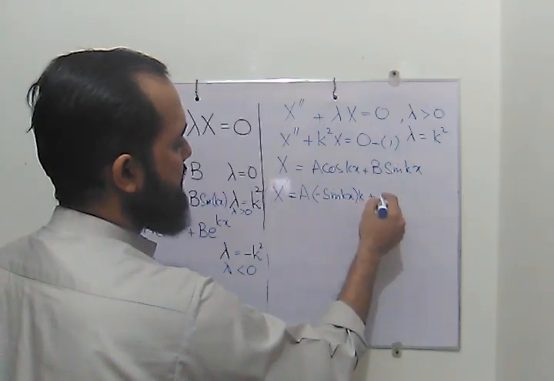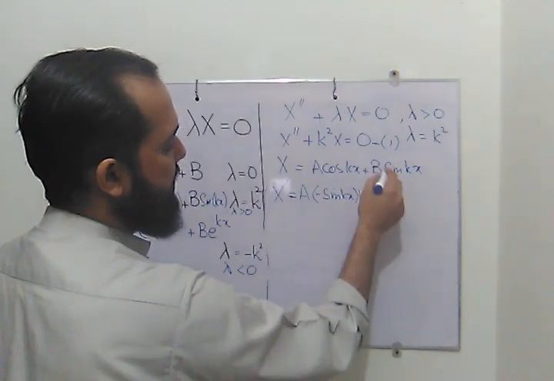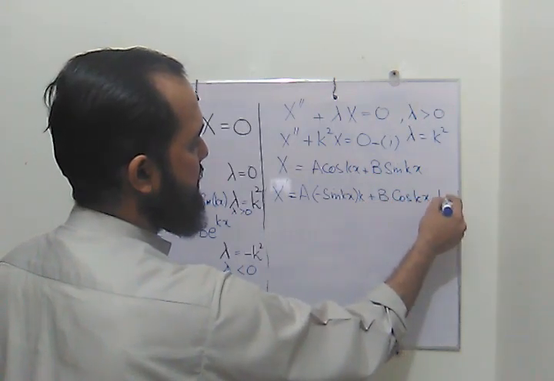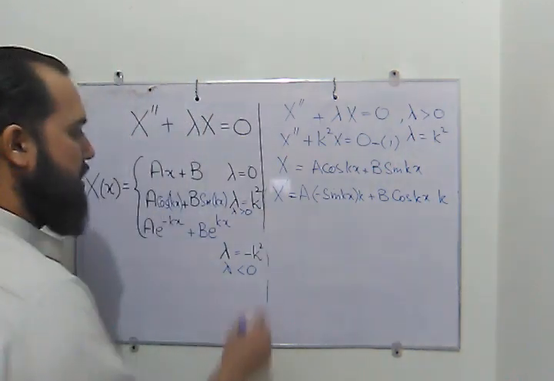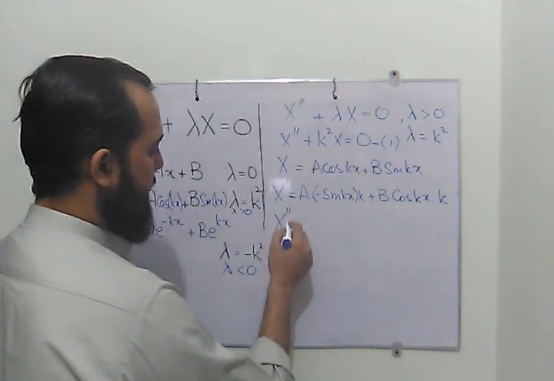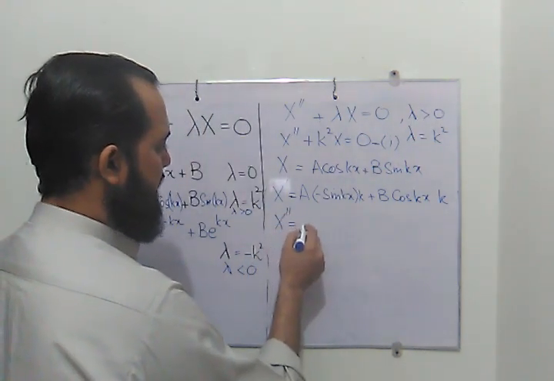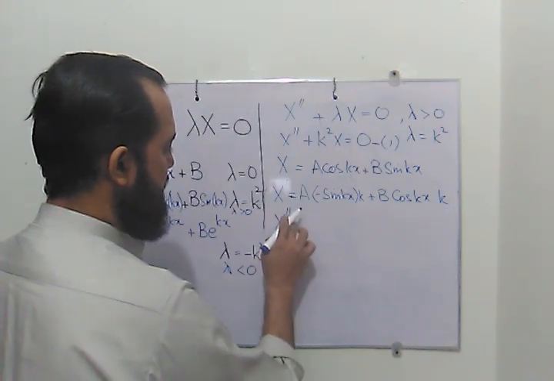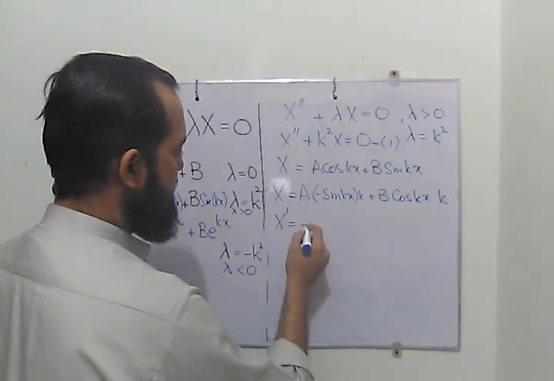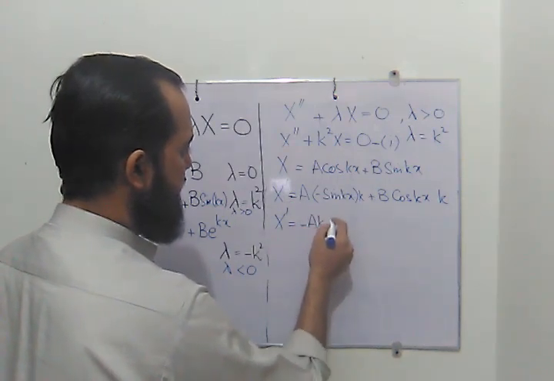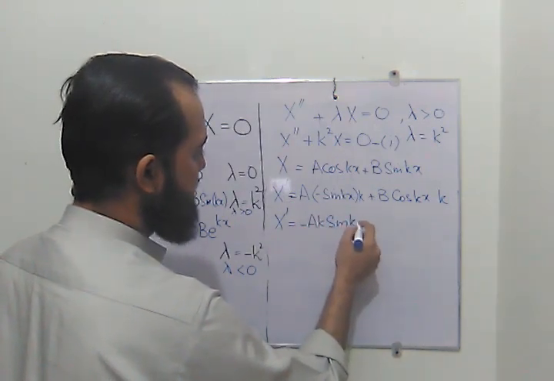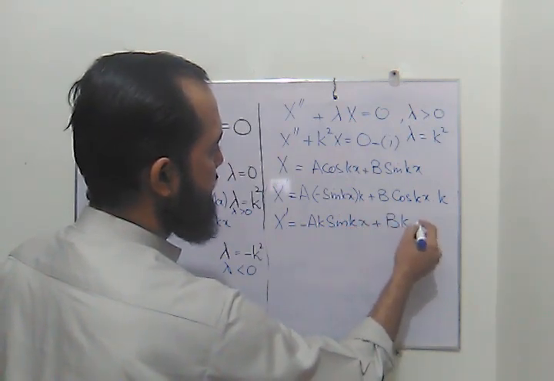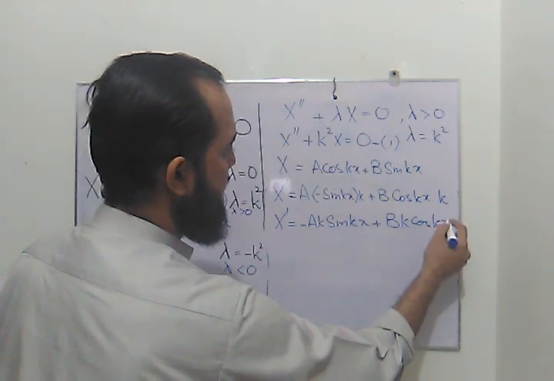Then we have b outside of the derivative, the derivative of sine is cos kx, then we have k remaining here. First we write this as minus a k sine kx plus b k cos kx.